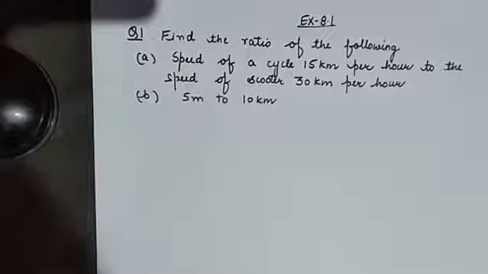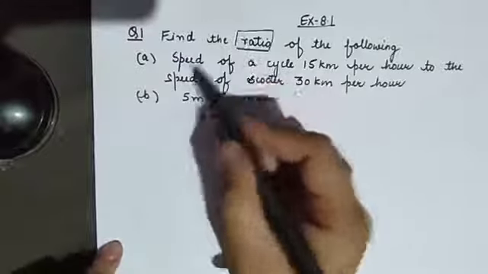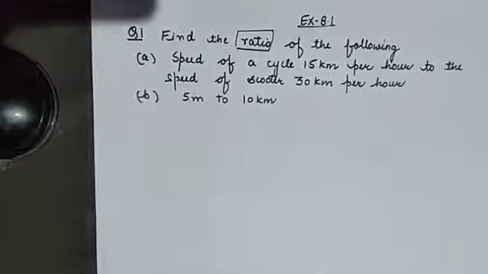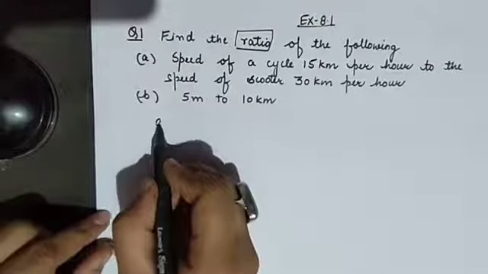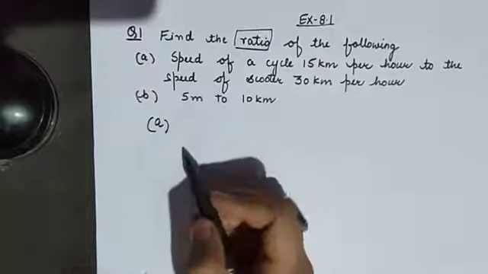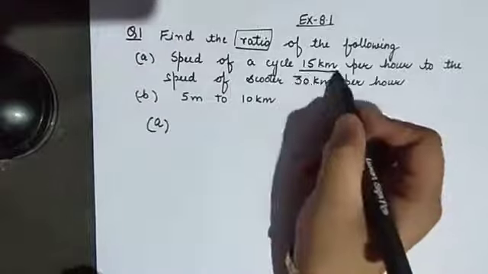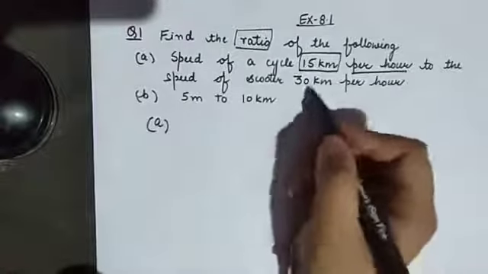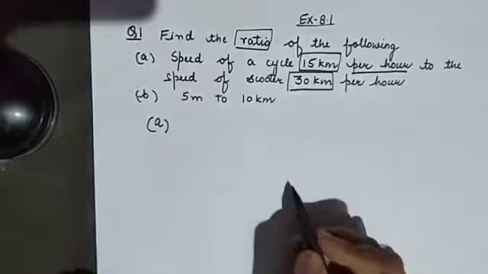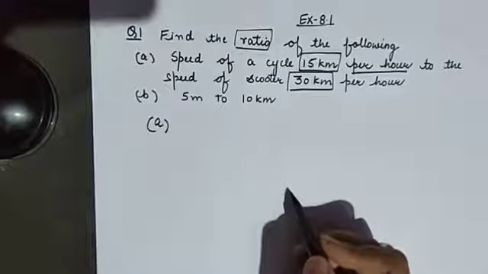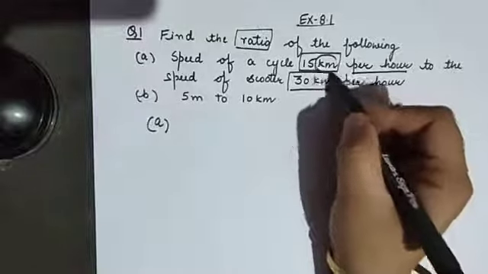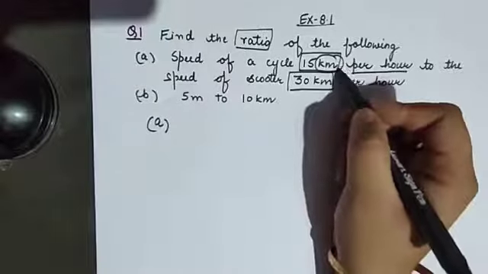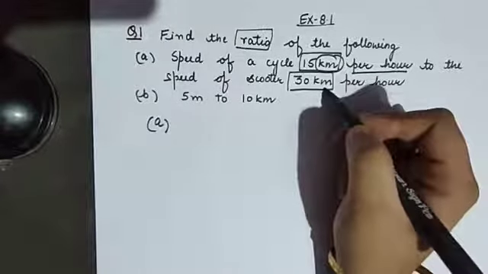Students, as you can see in question number 1, you have to find the ratio of the following parts that have been given to you. In the first part, you have to find the ratio of the speed of a cycle whose speed is 15 km per hour to the speed of a scooter whose speed is 30 km per hour. You can see that its units are the same, kilometer and kilometer.